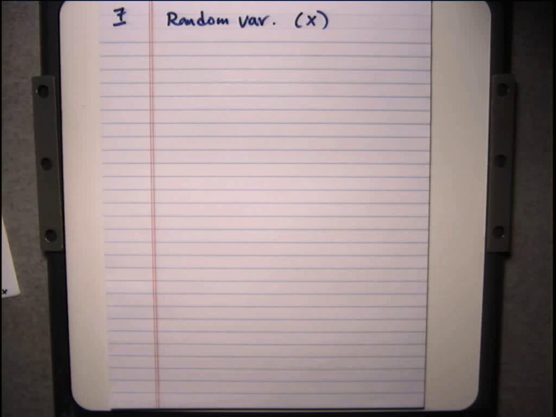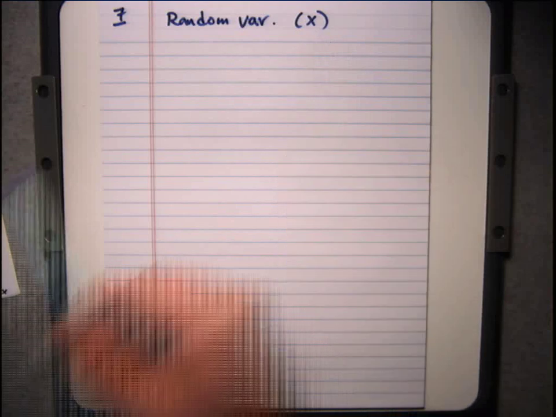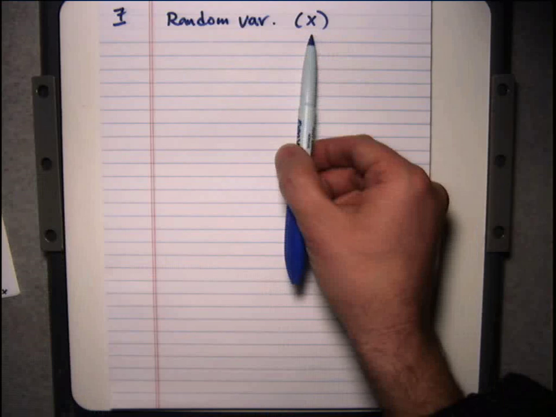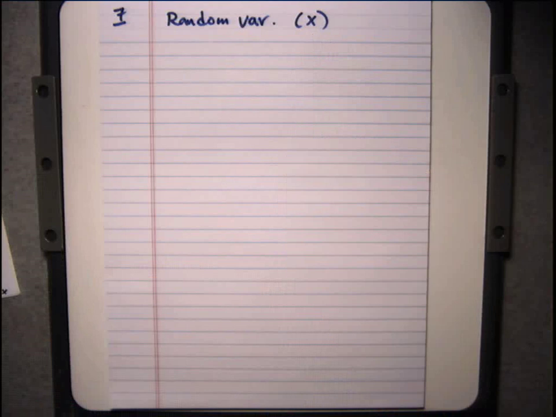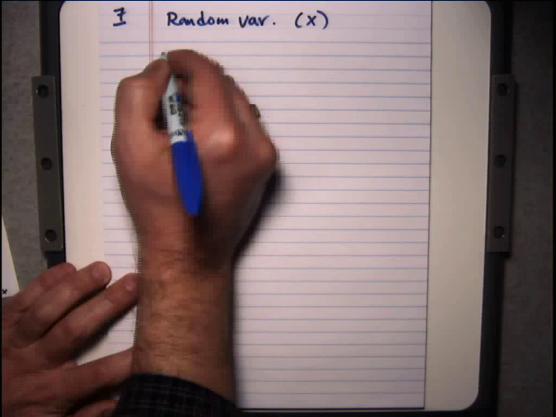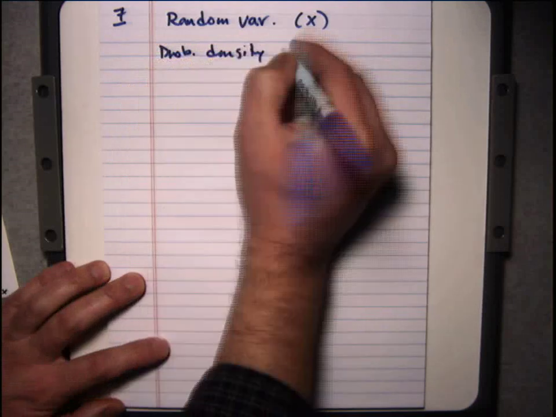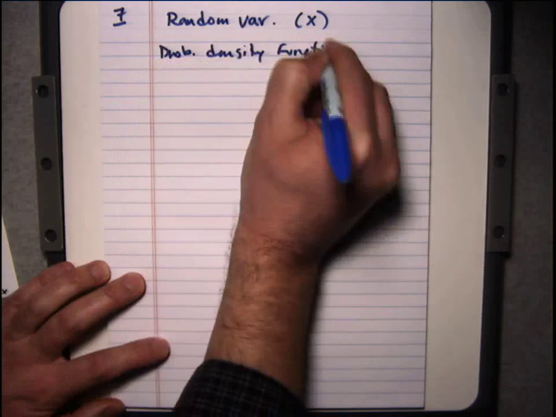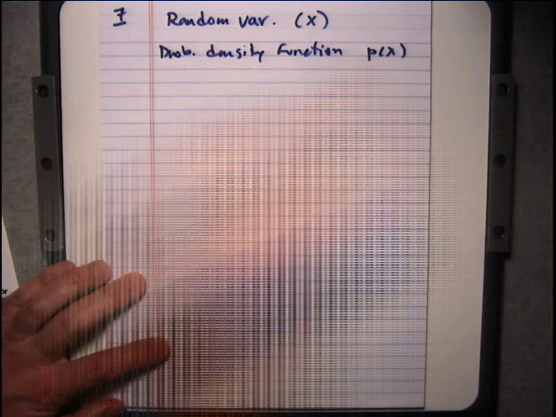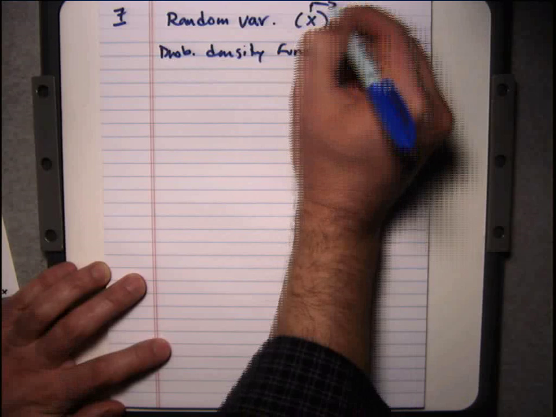So we choose this x not to specify a specific number necessarily, but to specify a collection of possibilities which occur with different likelihoods. So how do we specify these likelihoods? We do it using what's called the probability density function. And that's Px. And we think of this for now as a continuous random variable.